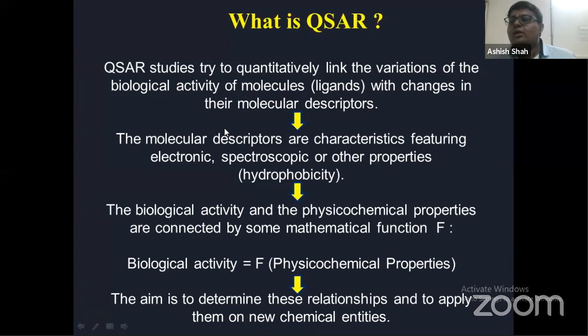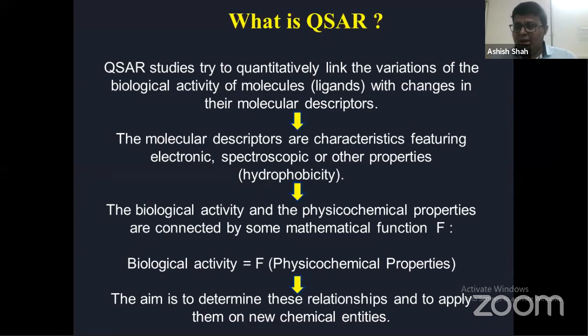Then what are these molecular descriptors? Like electronic and spectroscopic or other properties I have to consider. Electronic or spectral features I have to consider when I'm choosing my molecule. Then I have physiochemical parameters and biological activity. So I will correlate this physiochemical parameter with biological activity.